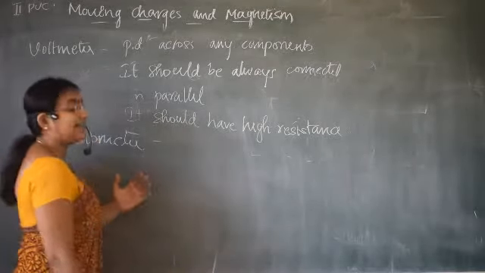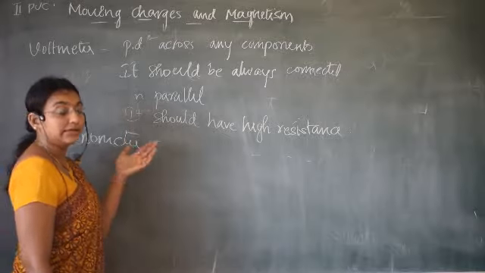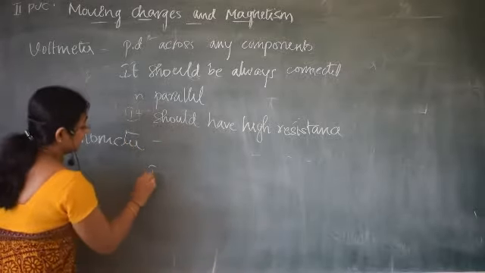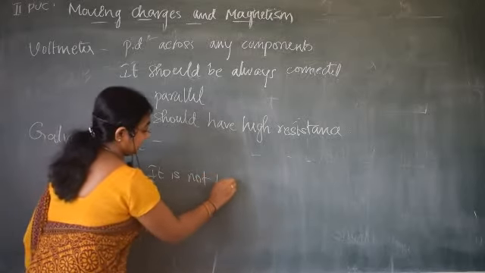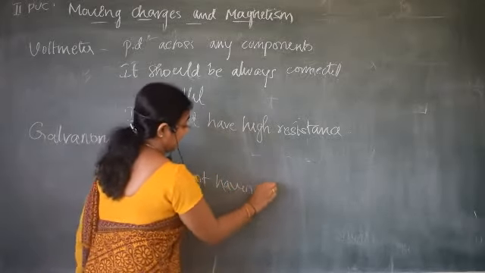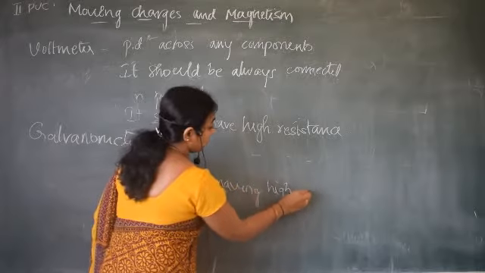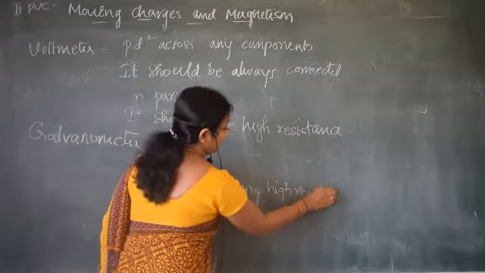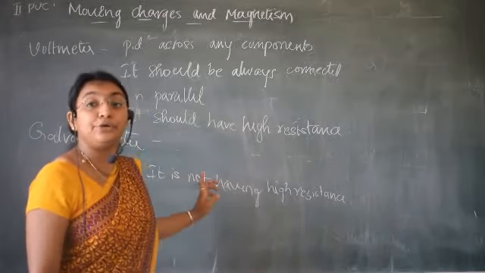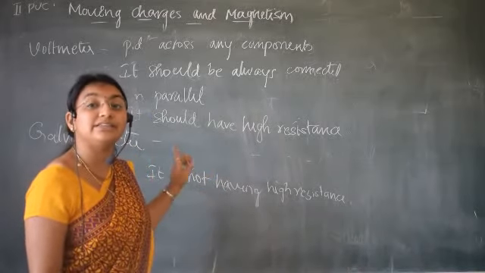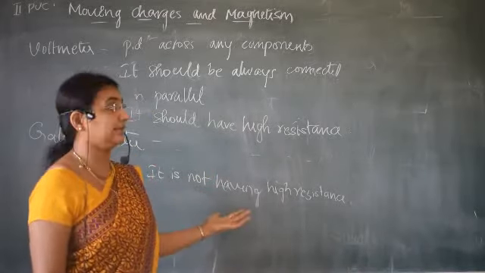It is not as high as the voltmeter's; it does not have high resistance. So what should we do? We have to connect a resistor with this galvanometer to make its resistance high.